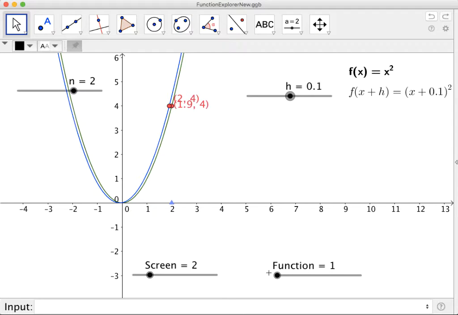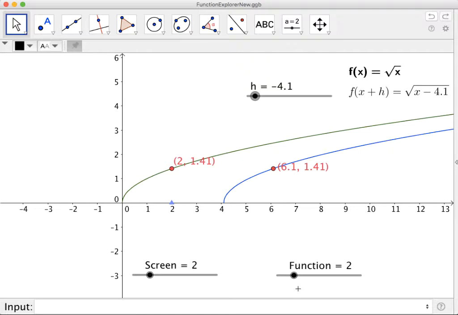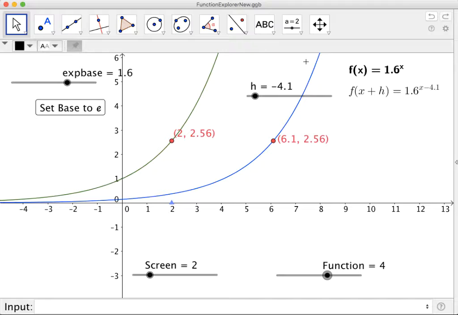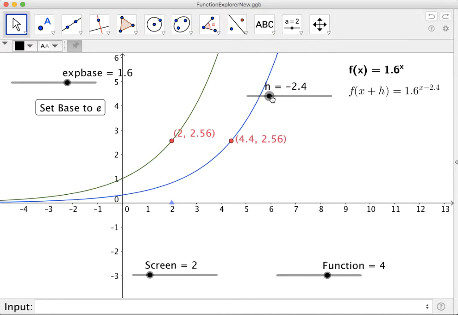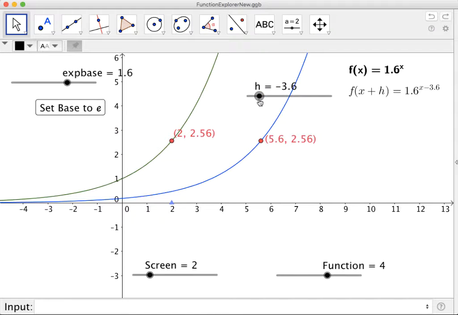And this is true whether we're talking about f of x equals x squared, or square root of x, or absolute value of x, or an exponent function. It works exactly the same way. It just slides the function left to right depending on the value of h.